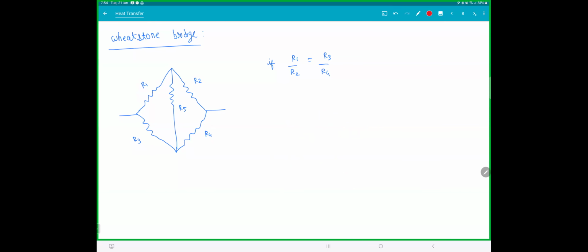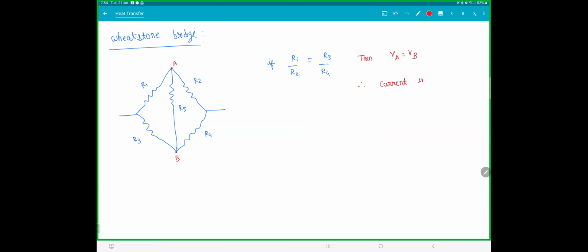So if R1 by R2 is R3 by R4, and I call this point A and this point B, then potential at A becomes equal to potential at B. Therefore, there is no potential difference. If there is no potential difference, what is the current in the middle resistor? Therefore, current in R5 is 0.